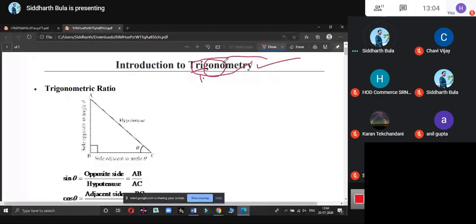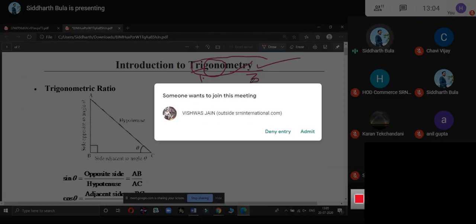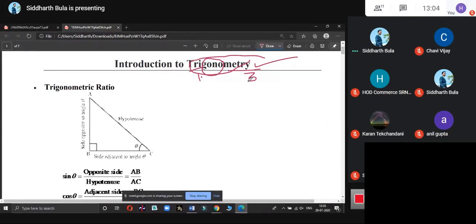And the third word is metry. So basically, trigonometry is a combination of three terms. Tri stands for triangle.